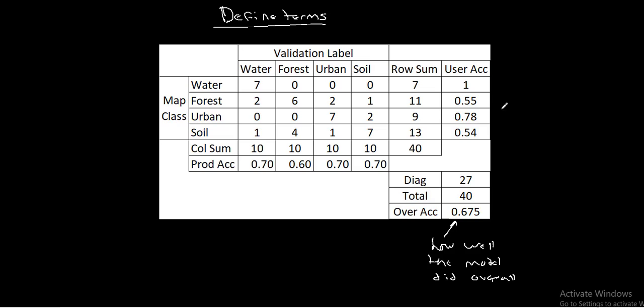So let's talk about what user's accuracy actually means. We already said that to get user's accuracy, it was the number that was correct in the row divided by the row total. But what does this mean?